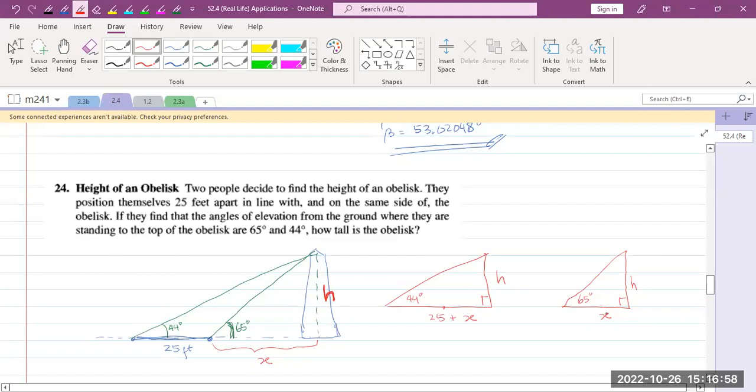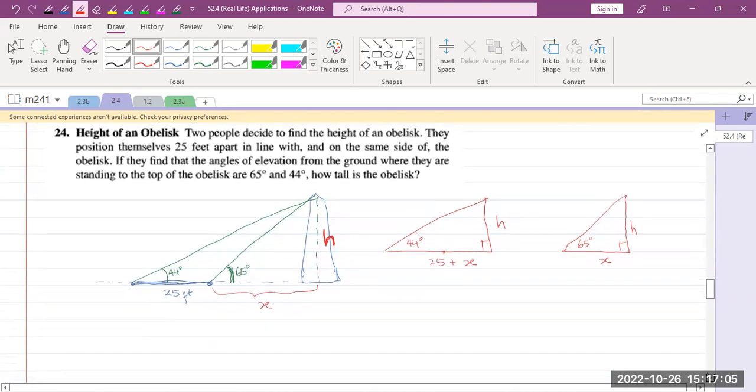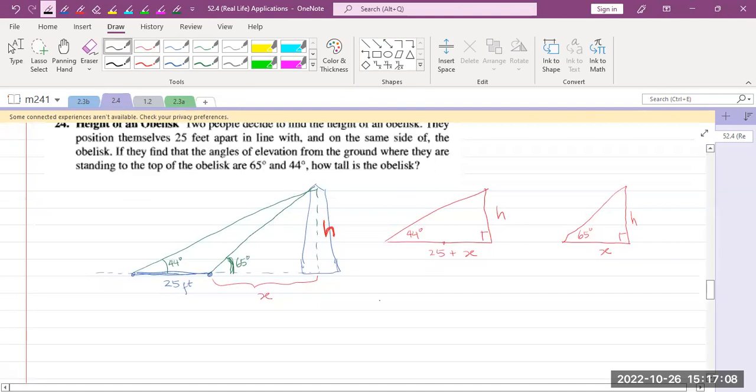So what we need to do is to equate this h. Let's see. From the first triangle, we see that tangent 44, why tangent, Thomas? Well, take a look at the picture. What relates 44 degrees with the h, which is the opposite, and 25 plus x, which is the adjacent? That's tangent, right? While on the second triangle, tangent 65 degrees equals h over x.